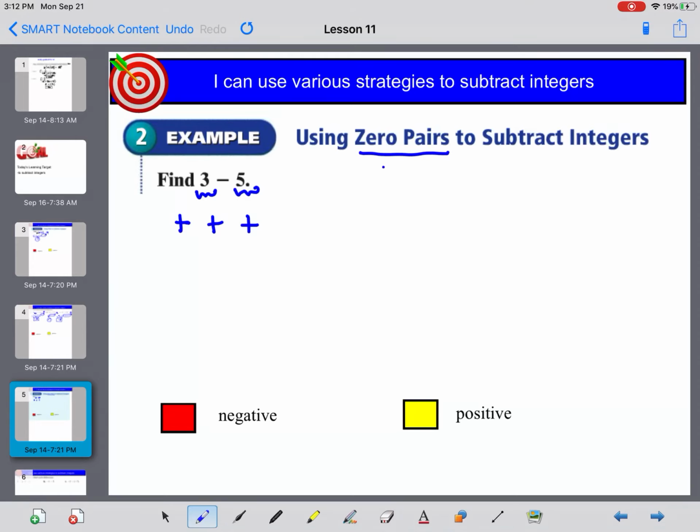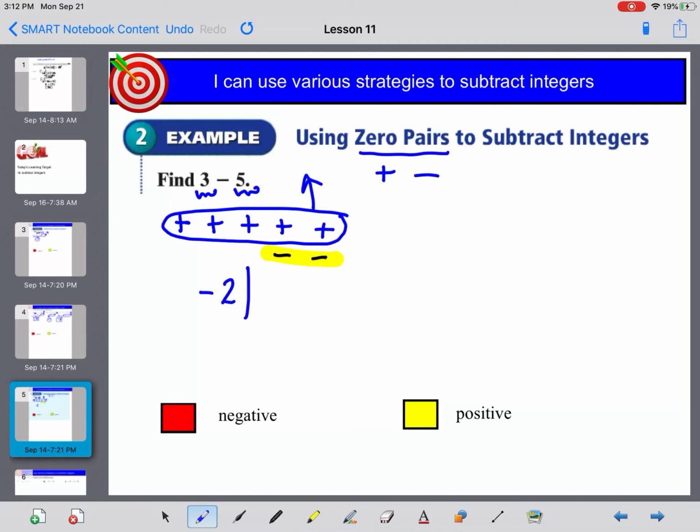A zero pair is a positive and a negative. So if I would add 2 zero pairs to my desk, I now have 5 positives that I can take away. So now I'm going to take away 5 positives, and what's remaining is these 2 negatives right here. So my answer is negative 2.